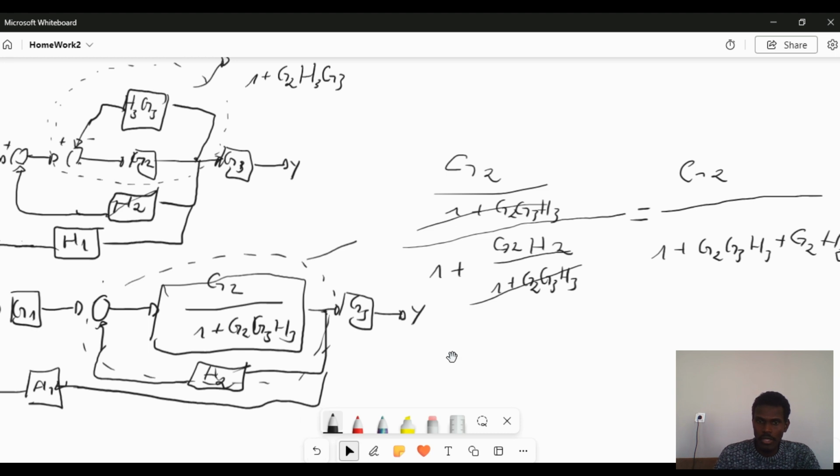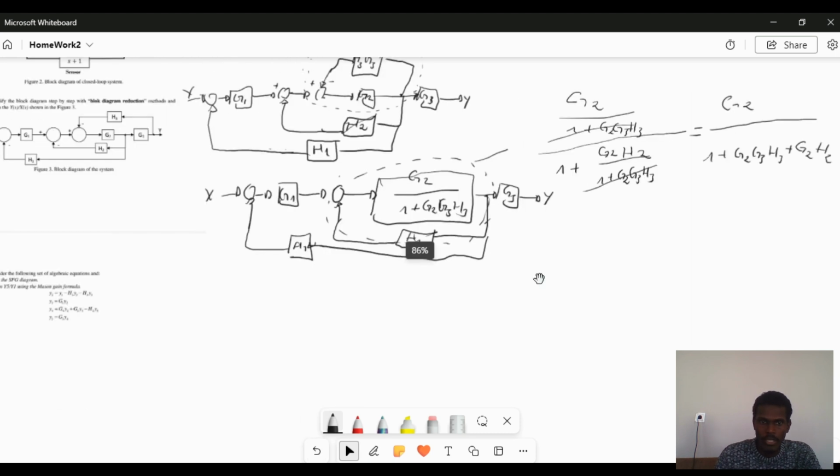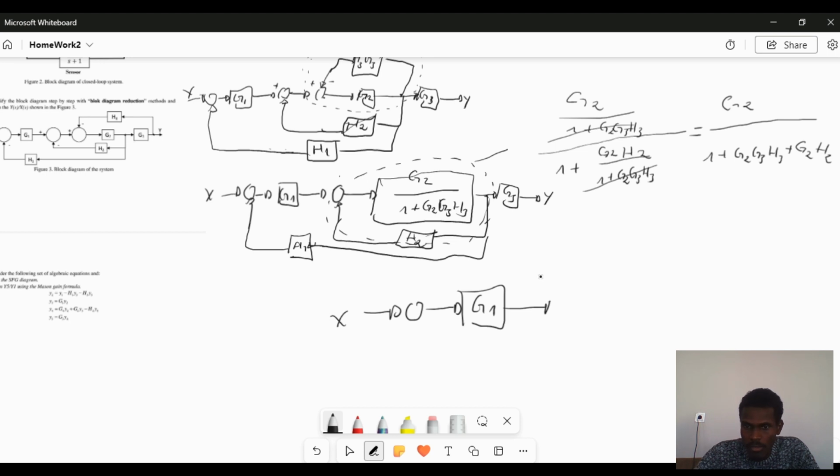Okay, so we can redraw our block diagram again as we are simplifying it. Here we have G1, so we have simplified this already.